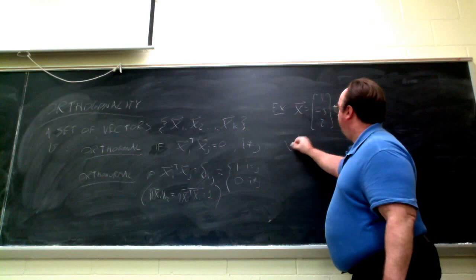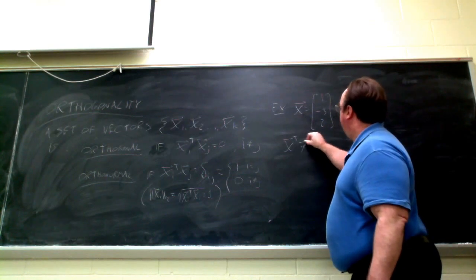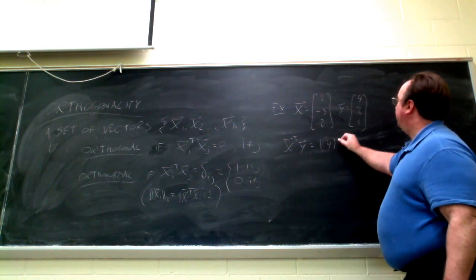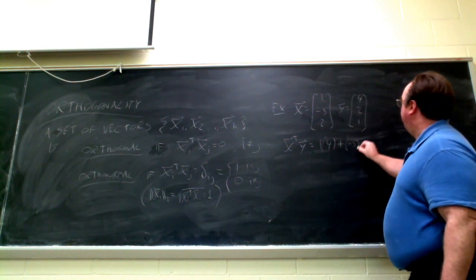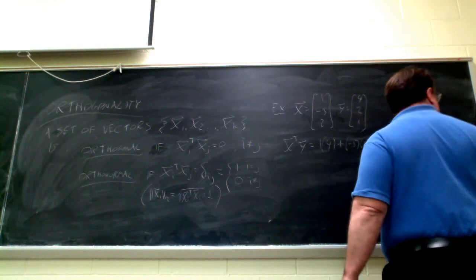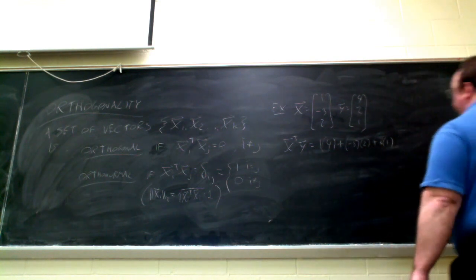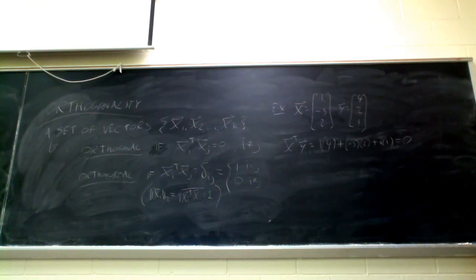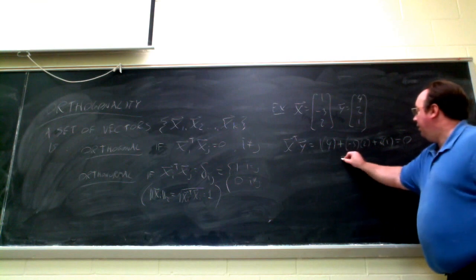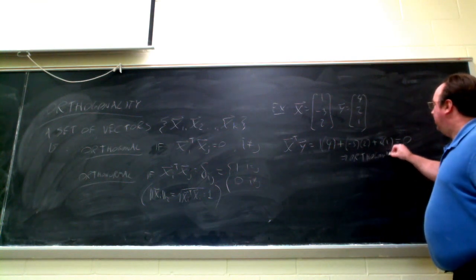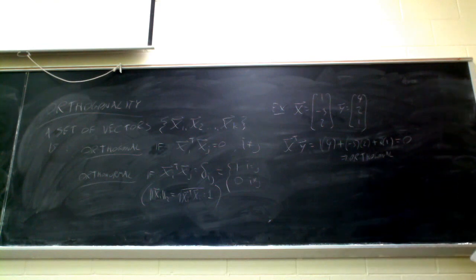When we look at the inner product, the dot product, let's multiply corresponding components and add them up. And sure enough, you get 0. So these vectors are orthogonal, but neither one of these is a unit vector. So these are not orthonormal.